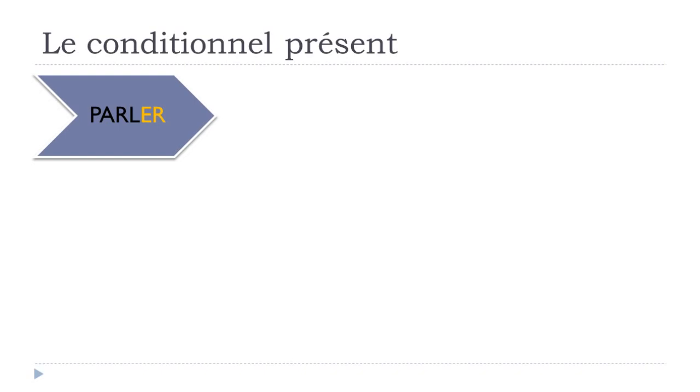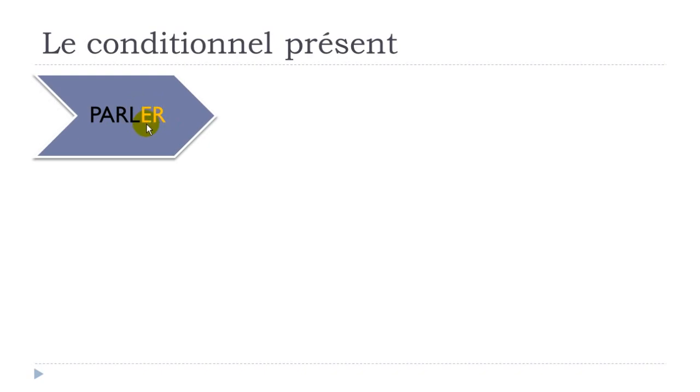Because the way we construct this conditionnel présent is the same way that we construct the future, okay? The only difference will be the endings, all right? So let's take the first example that we've got here. Parler belongs to the first group of verbs. Remember, we've got 3 in French. And the first group of verbs is ending with er, like here.